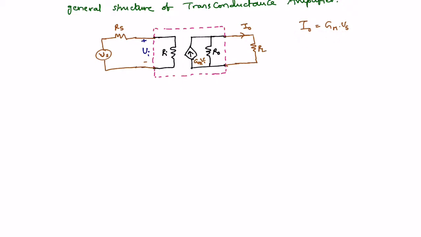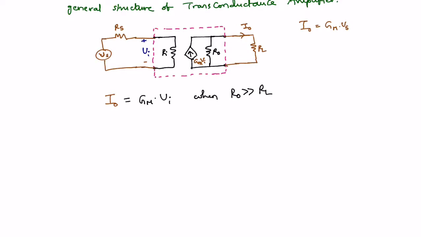First, if you want I naught equal to Gm times Vi, what must be the relation between R naught and RL? When R naught is very large compared to RL, then maximum current goes through the lower resistance.